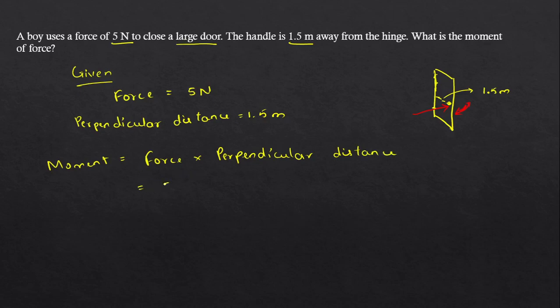So here the force is 5 newtons and the perpendicular distance is 1.5 meter. So the moment of force will be equal to 5 times 1.5, which is 7.5 Newton meter. So this will be the moment of force.